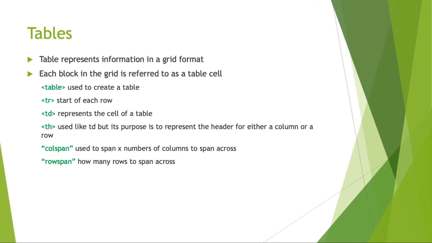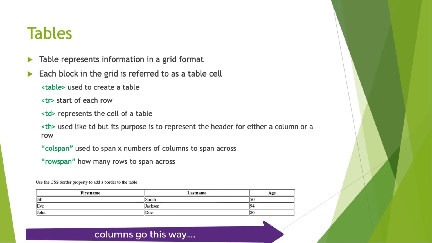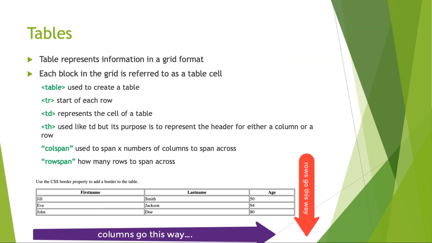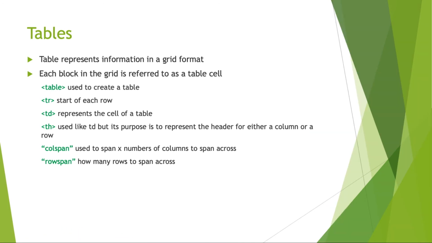Now it's table time. Tables represent information in a grid format. If you're familiar with Excel, you can think of tables that way, columns and rows. Each block in the grid is referred to as a table cell. The table tags are used to create the table itself. Then we have the TR tags, which start each row, and the TD tags, which represent the cell of a table.